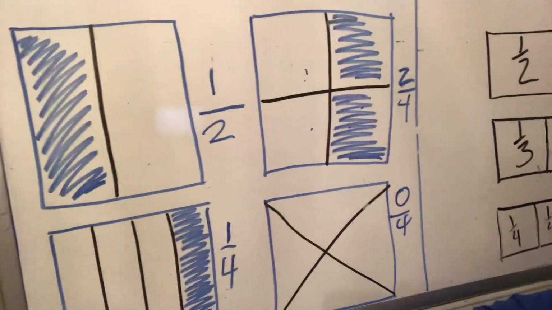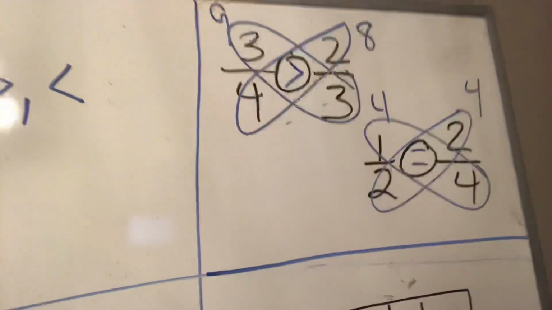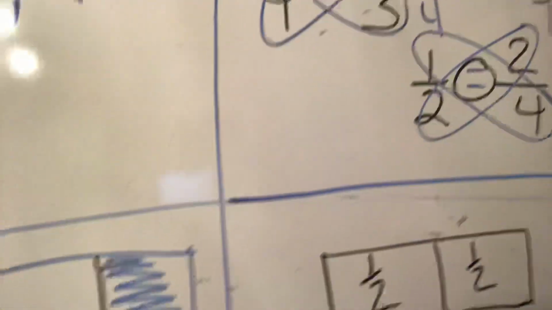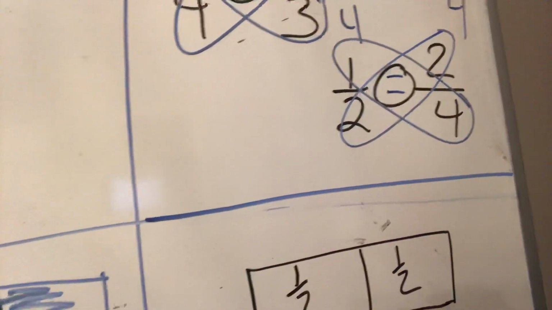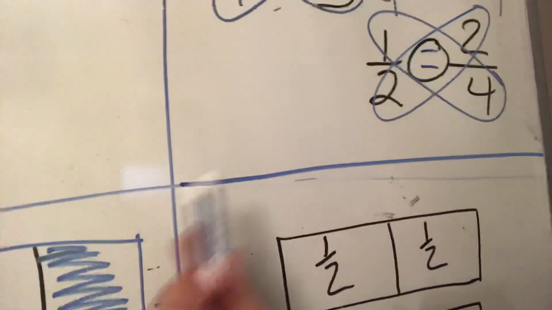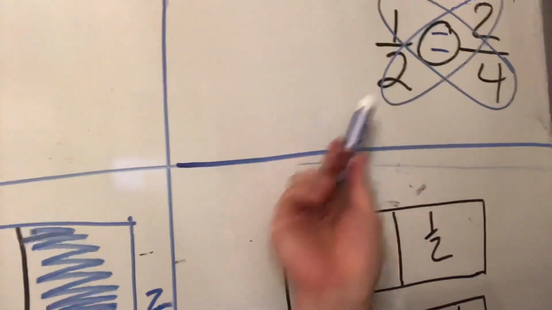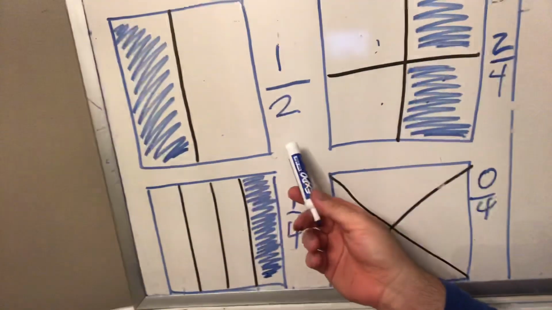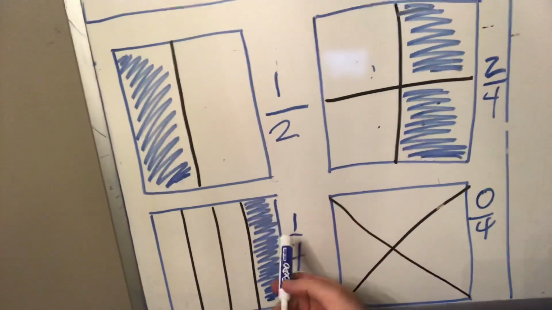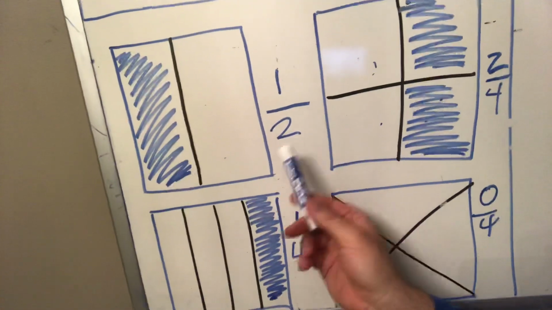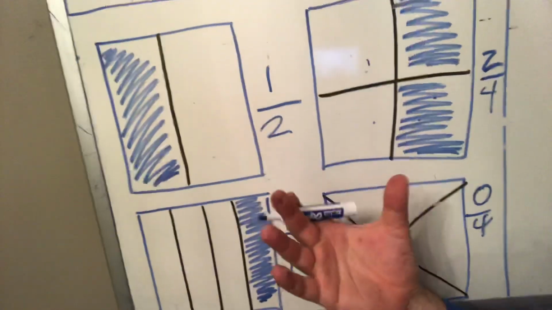So they're equivalent. But if we want to check it, we just go right back up here to 1/2 and 2/4, and we can see that they're equivalent or the same. So not only does it work with our butterfly method, it works right here when we compare the amount of shape or the amount of space that's taken up.